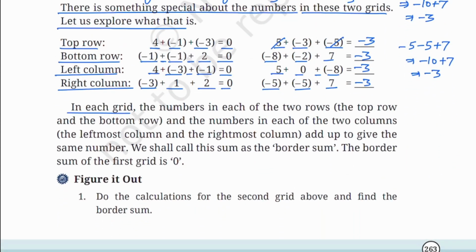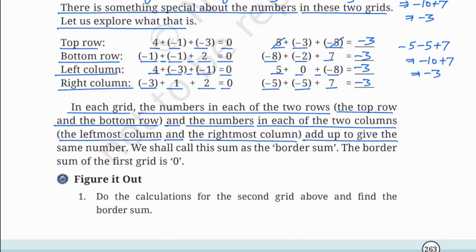In each grid, the numbers in each of the two rows, the top row and the bottom row, and the numbers in each of the two columns, the leftmost column and the rightmost column, add up to give the same number. We shall call this sum as the border sum. The border sum of the first grid is 0.